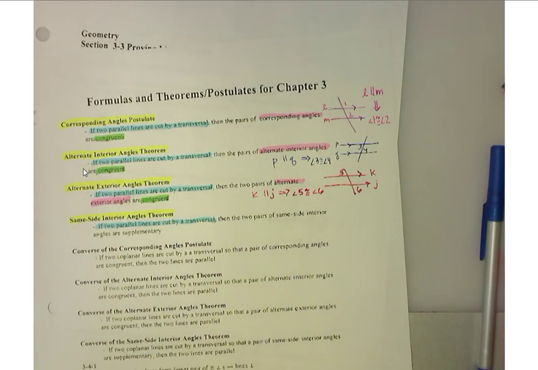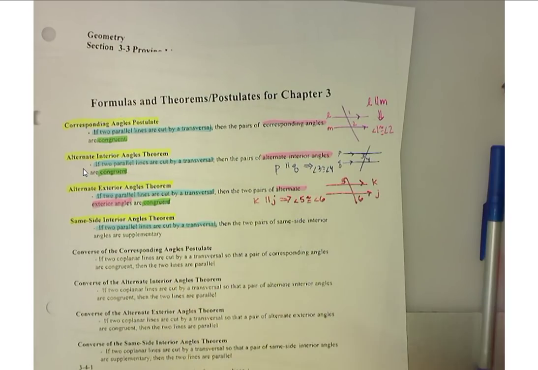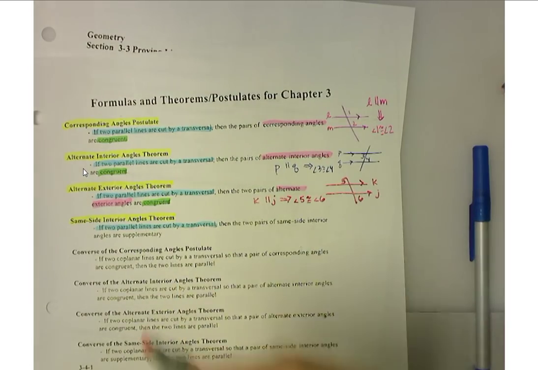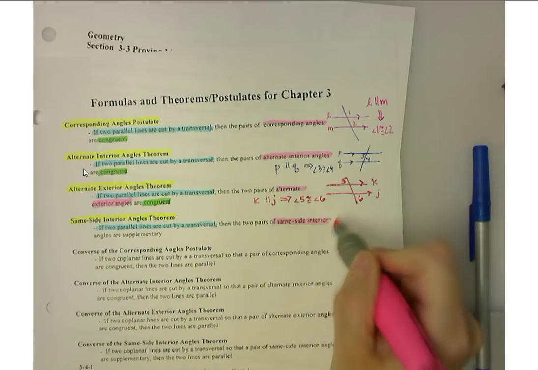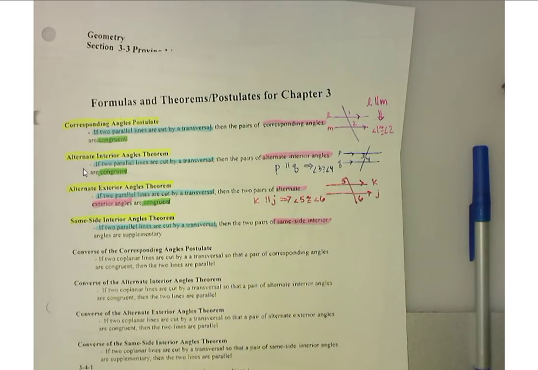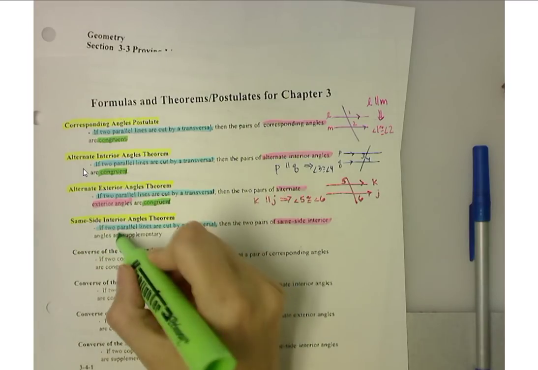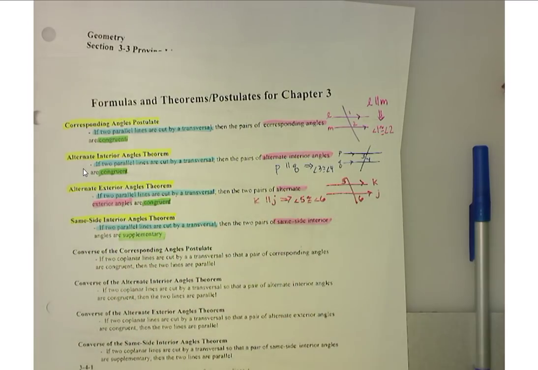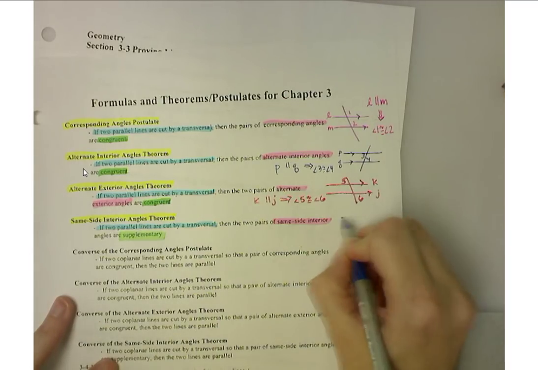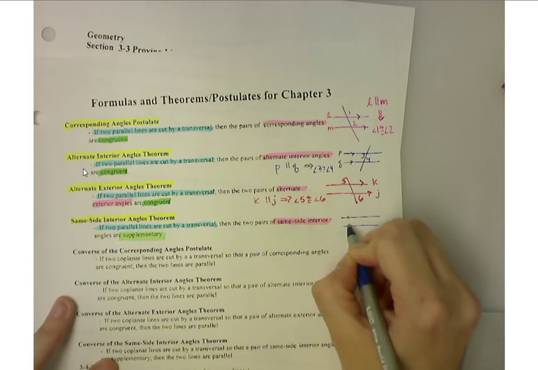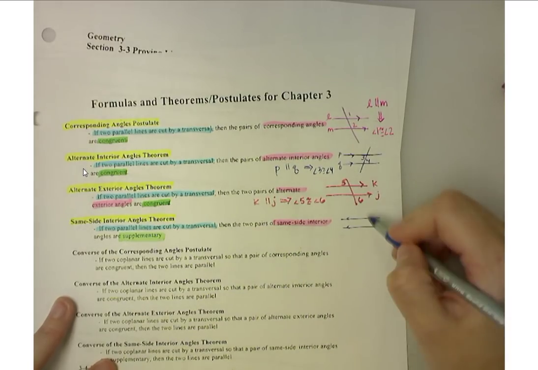Now the same side interior angles start the same, but for same side interior, they are supplementary, which means when you add them together, they are going to equal 180 degrees. That's going to look a little bit different when we're writing out our reasons, but we are still going to start with two parallel lines cut by a transversal.